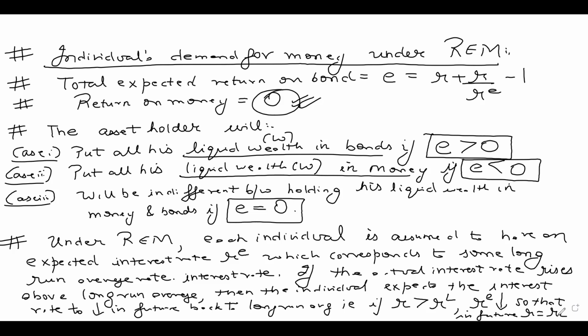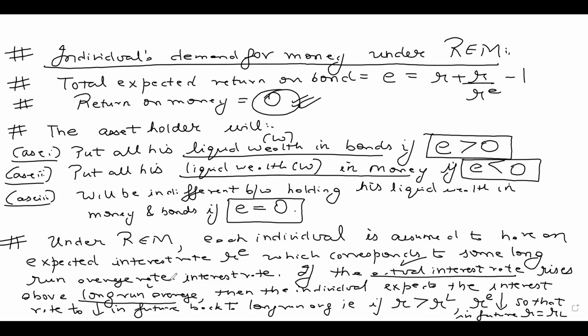How regressive? Because the actual interest rate went above the long run average. If the individual had progressive expectation, he would have expected the interest rate to rise.